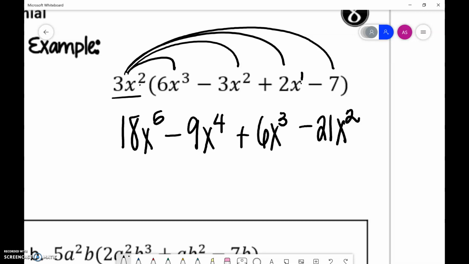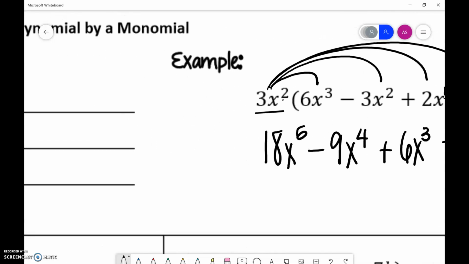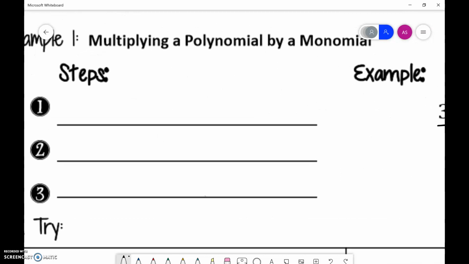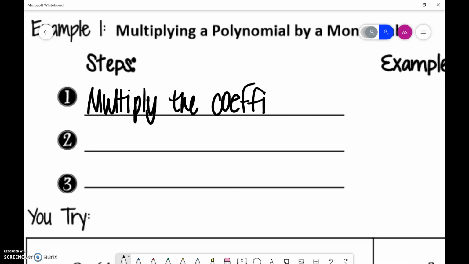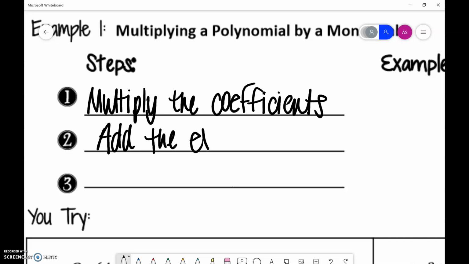And that's it. So when I'm looking at my steps, this is just recalling the steps that we did with exponents. We're going to multiply the coefficients, then we're going to add the exponents, and if you have like terms, you're going to combine them.